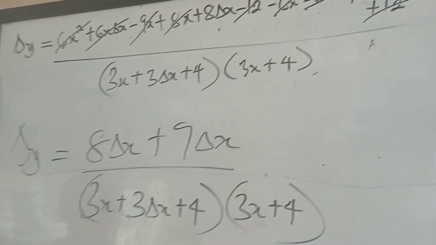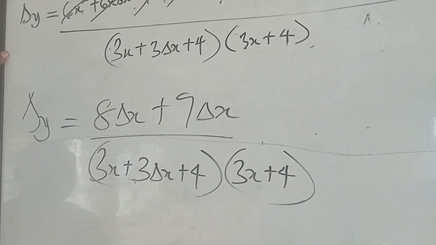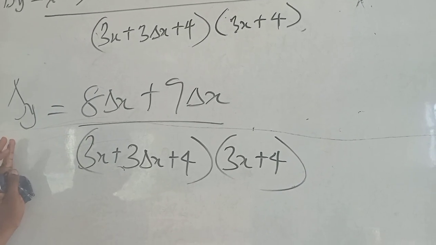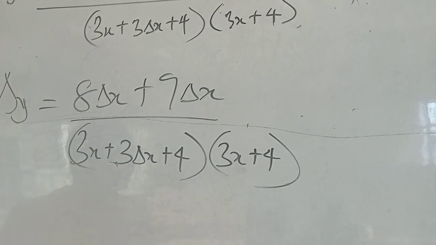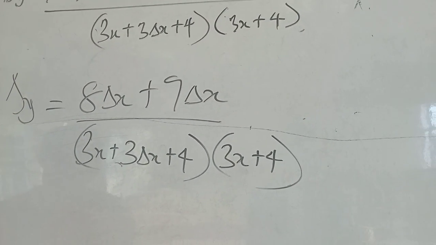So at this point now, I'm going to divide everything. That is to say, divide the left hand side of the equation and the right hand side of the equation by change in x.